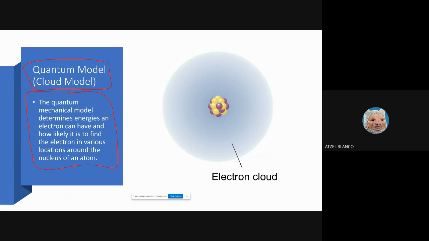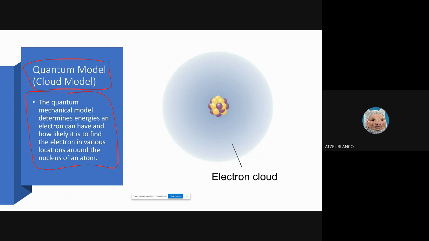It tells us that there are certain energies that electrons must have, and that the electrons are found around the nucleus, but we can't know exactly where they're at, so we describe it as a probability. That's why it's called the electron cloud. We know that on average, the lowest energy ones will be closest to the nucleus, and the higher energy ones will be farther away.